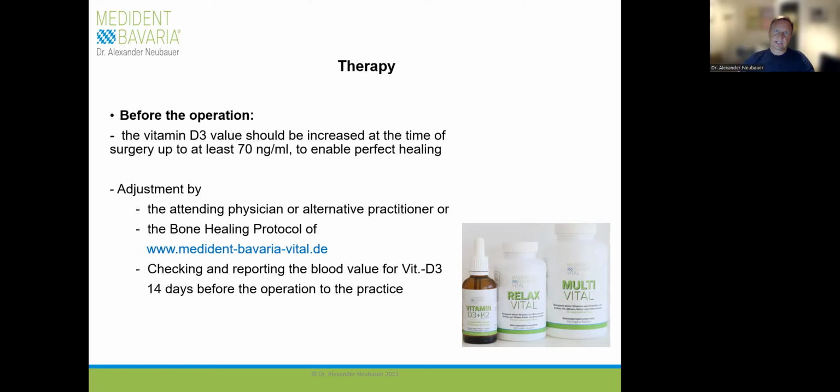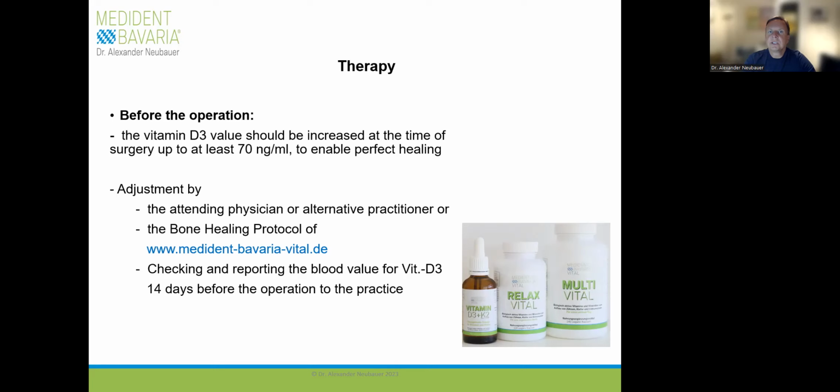So start supplementing your nutrition and try to increase your vitamin levels. And 14 days before the operation, please have your blood checked and report to our clinic the blood value for your vitamin D3, so that we can see whether your vitamin D3 level is perfect or whether it has to be higher.